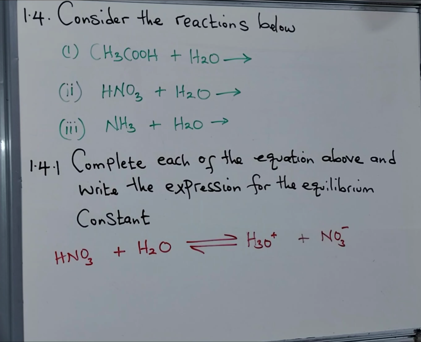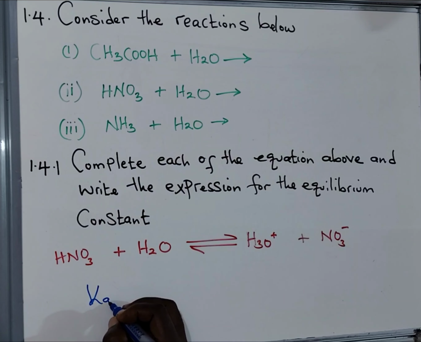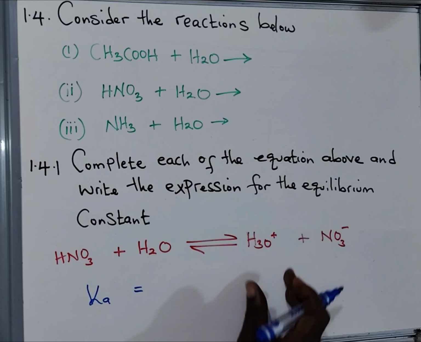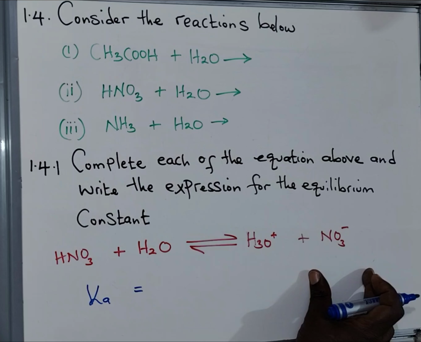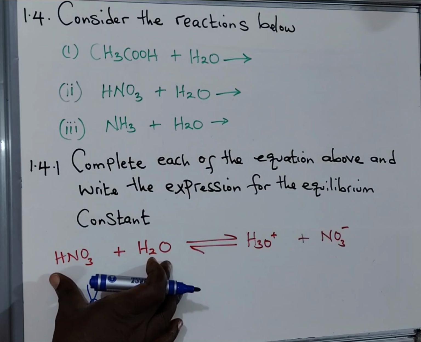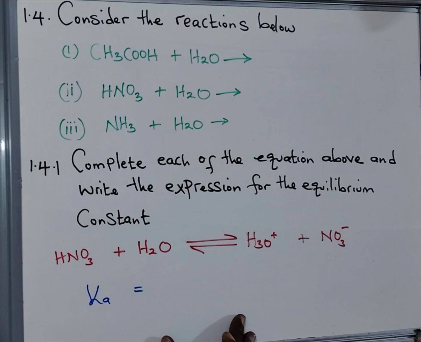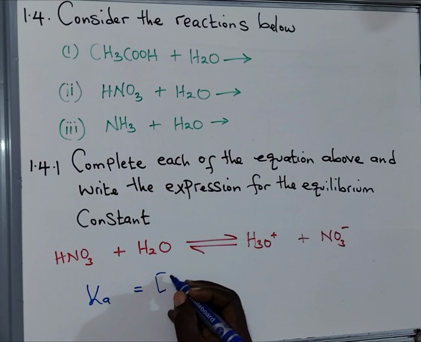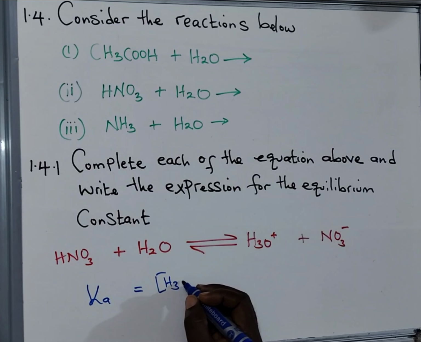So the question is, what is the expression of the equilibrium constant? This one being an acid in water, we are going to have Ka, the acid dissociation constant. And like we say in chemical equilibrium, it is the product of concentration of the products over the product of concentration of the reactants. Remember, square brackets represent concentration.